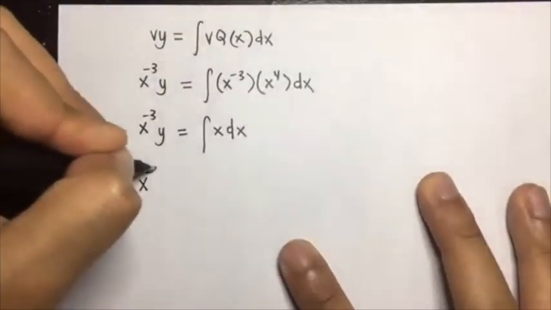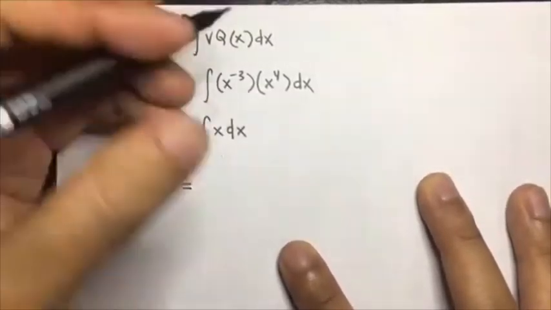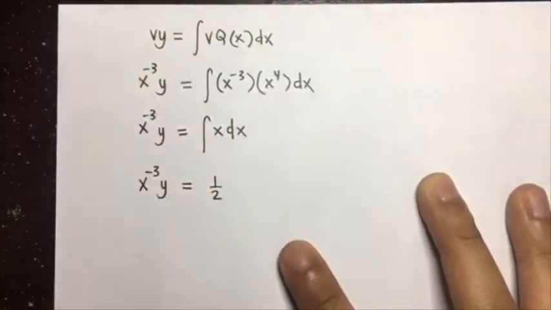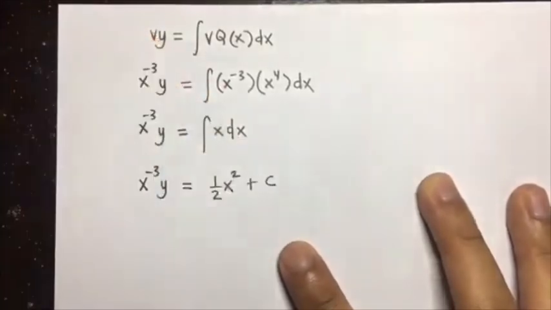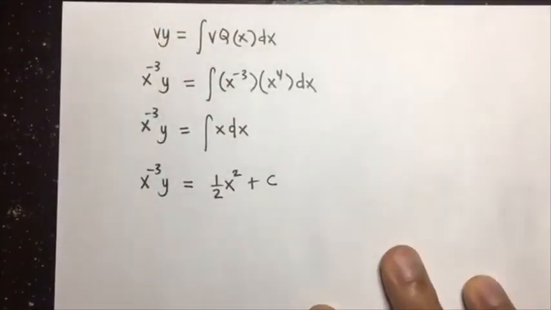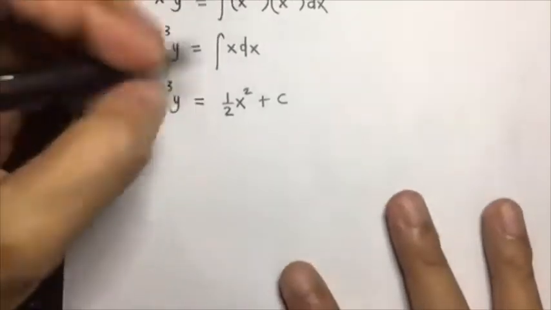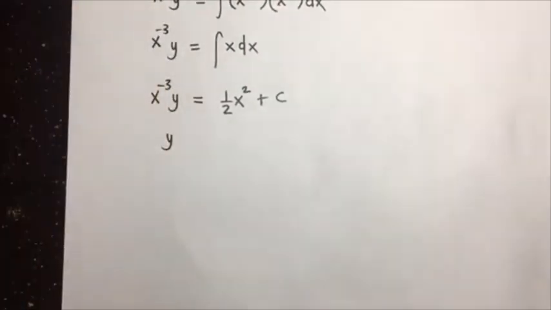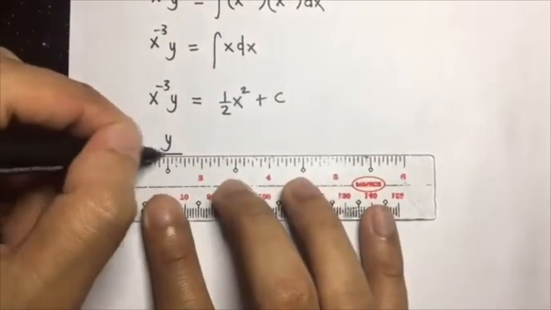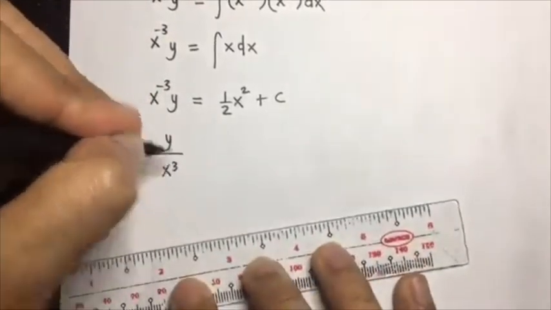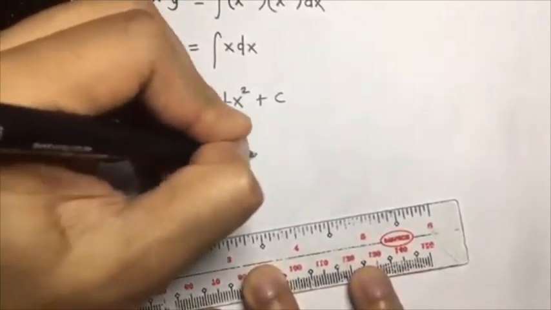So we'll have x raised to the negative 3 y is equal to 1 half x squared plus c. We can have this one, or if we want positive coefficients only, we will have y over x cubed is equal to 1 half x squared plus c.